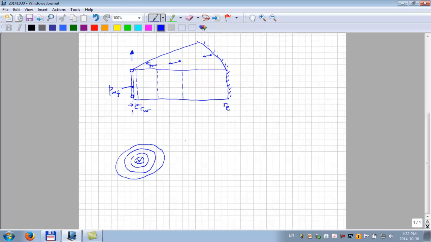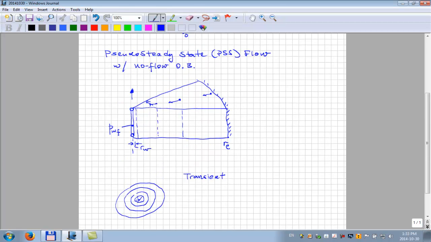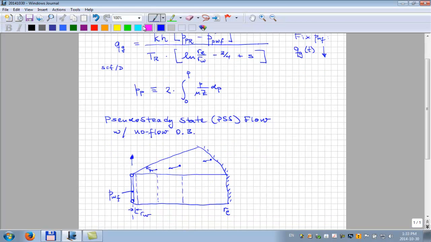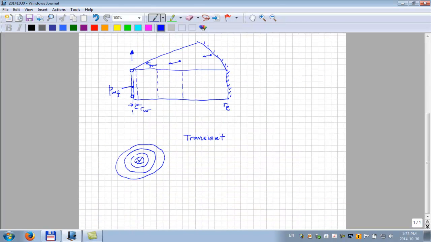And this period of time is typically referred to as the transient time before pseudo-steady state kicks in. So transient, it's not really a good name because even what we were talking about, pseudo-steady state, transient means as a function of time. But in petroleum engineering, it used to mean this period before reaching pseudo-steady state.